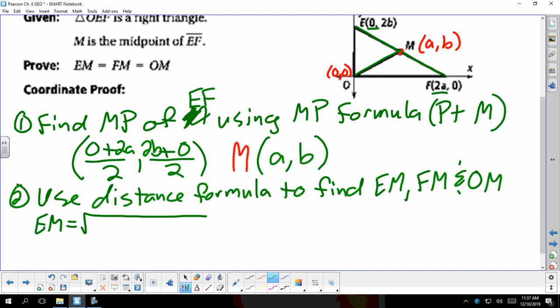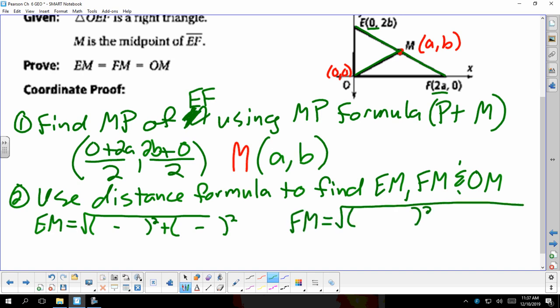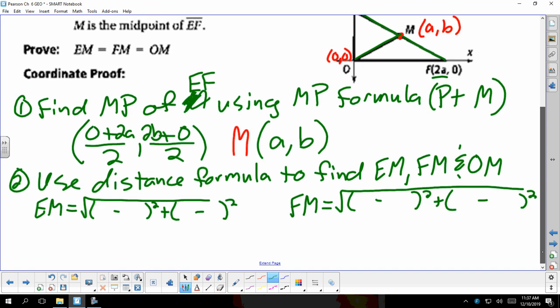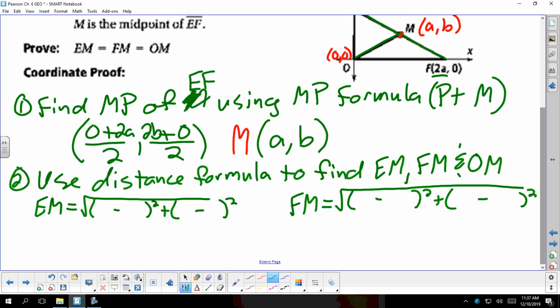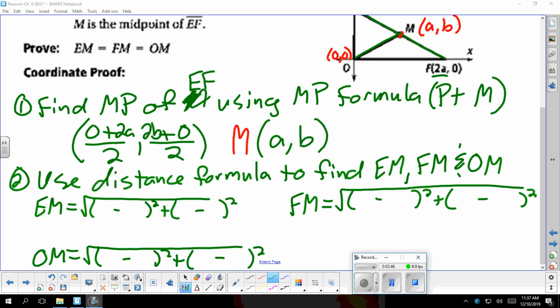Remember how I set those up? Same thing we were doing before. Let's set each of those up, and then I'm just going to plug in the points. I'll pause there because you caught up.